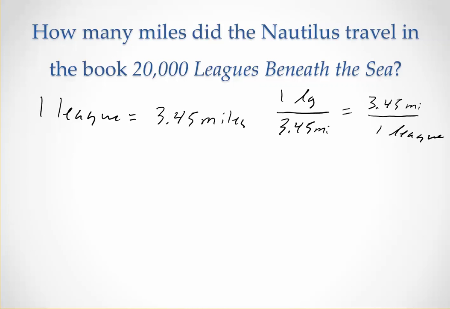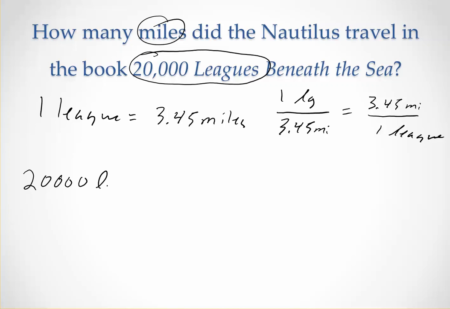So what do we start with? Well, our starting unit is the 20,000 leagues. We know that that's the distance we are provided. The ending unit is the miles. So we'll start with the starting unit, 20,000 leagues.